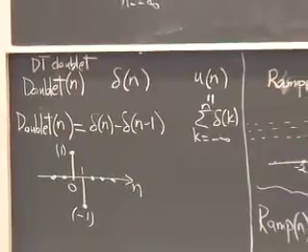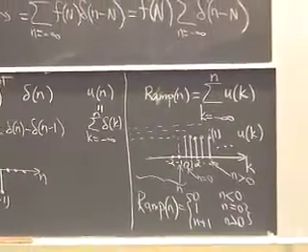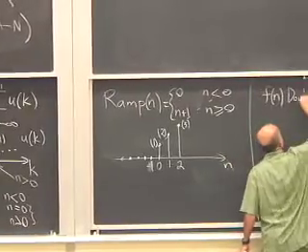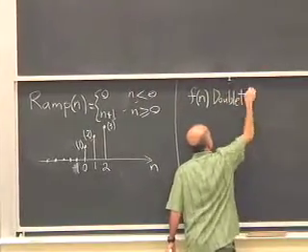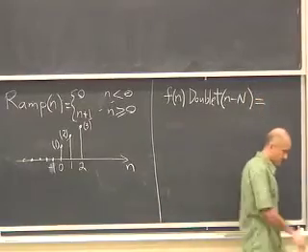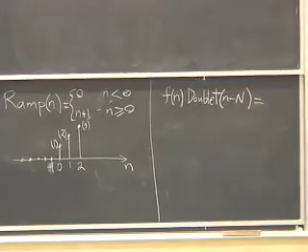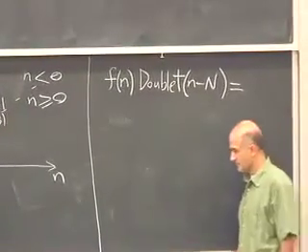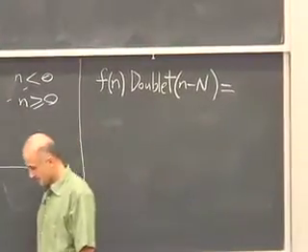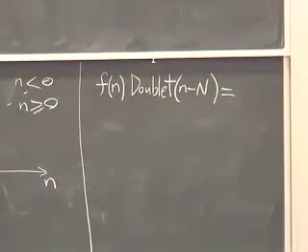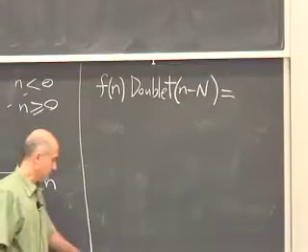So what happens if I multiply a signal pointwise by a shifted doublet? What do I get? How many spikes? Talk to your neighbors.